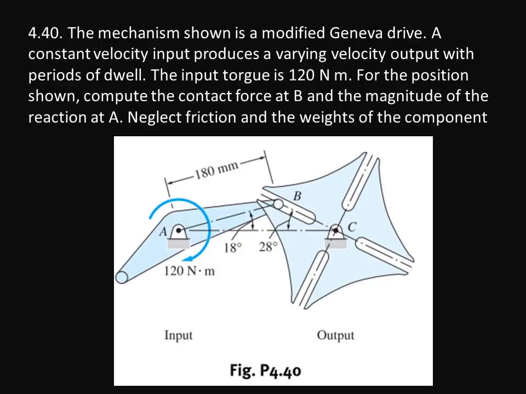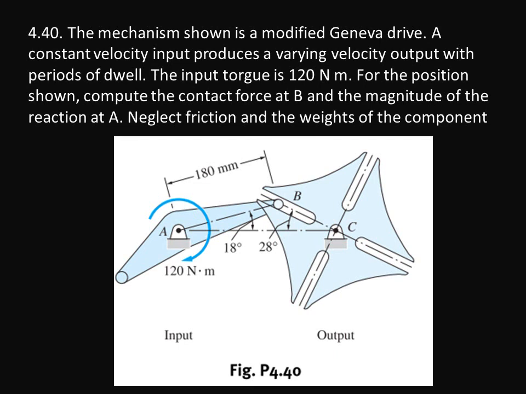We will be discussing the problem in Pitel's book at page 174, number 4.40. The mechanism shown is a modified Geneva drive. A constant velocity input produces a varying velocity output with periods of dwell.